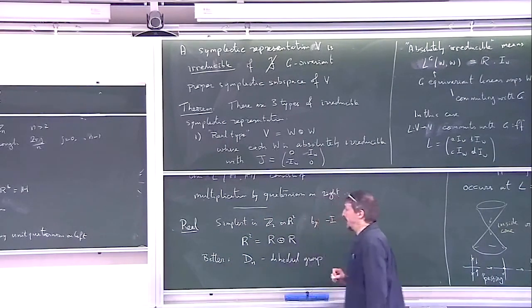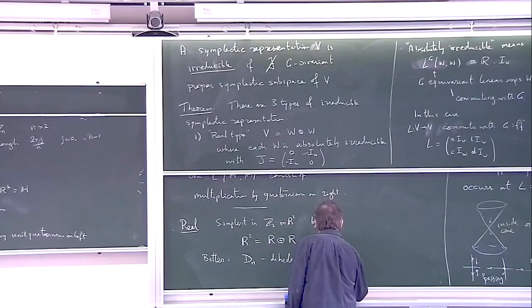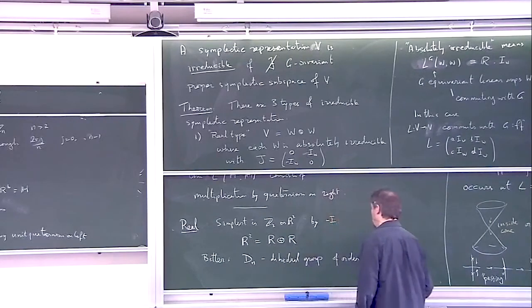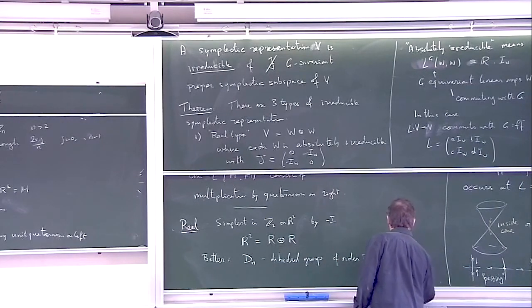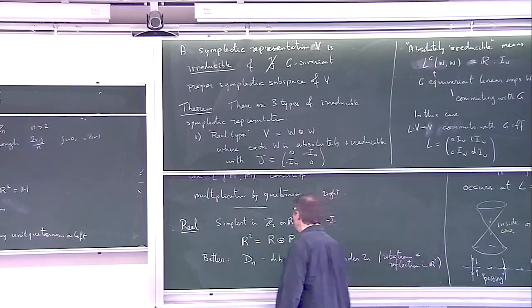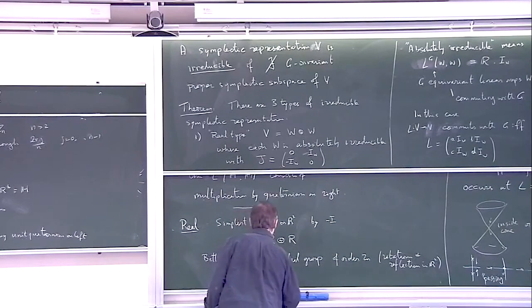A better example is Dn, the dihedral group, which is rotations and reflections in R2, or O2.